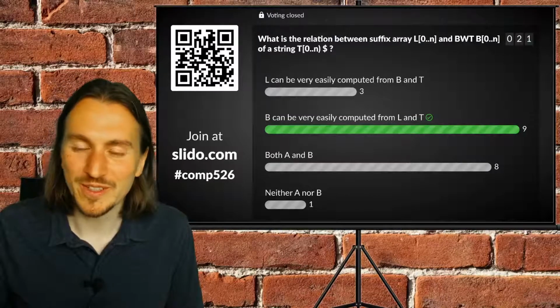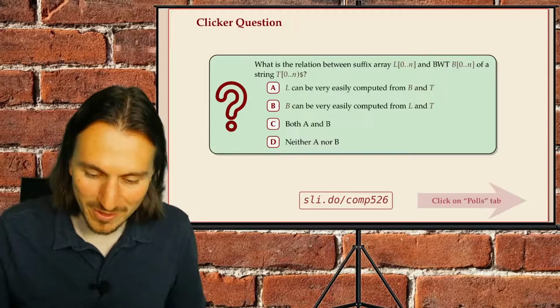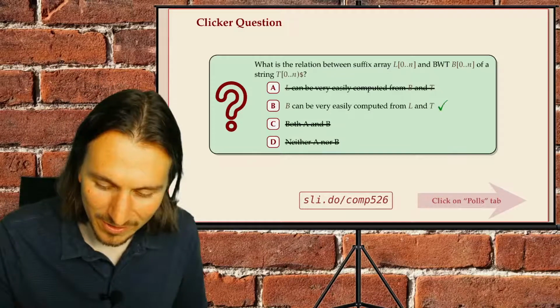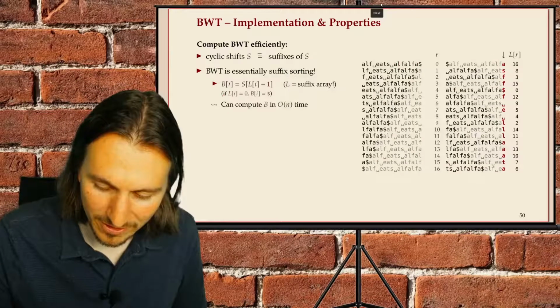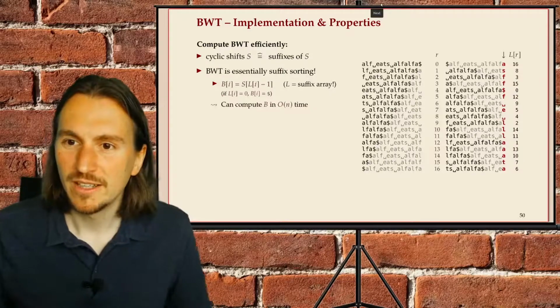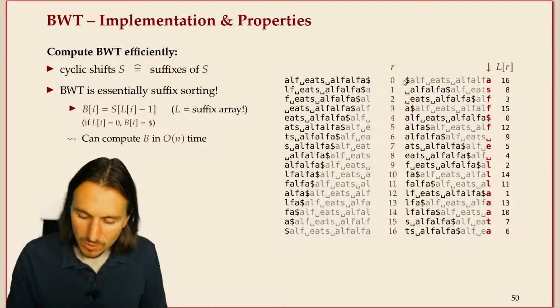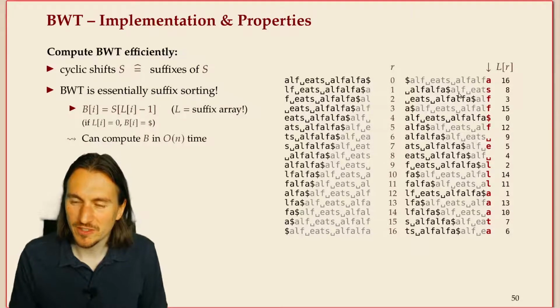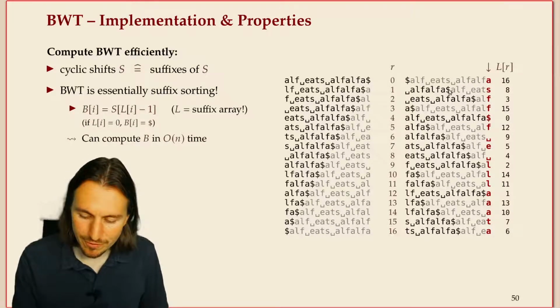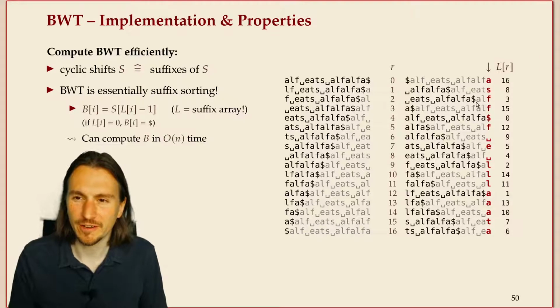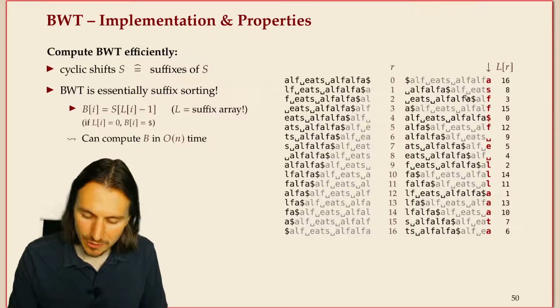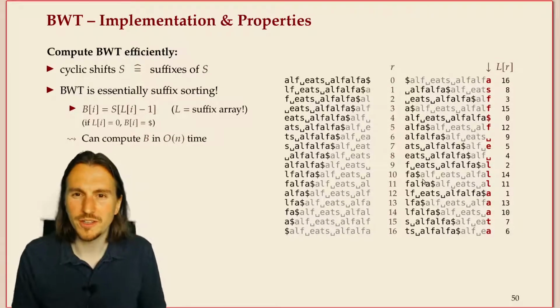As you probably noticed from this picture, I'll show you a better picture here. If you take cyclic shifts and sort them, you never really compare beyond the dollar character, because these are all the different cyclic shifts. Dollar occurs only in one position.